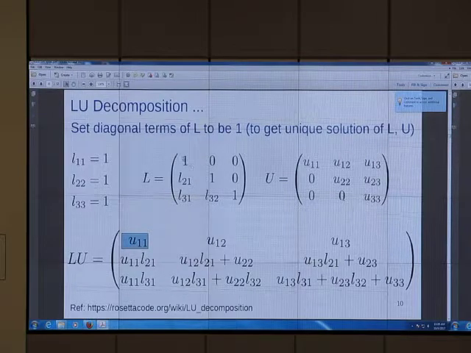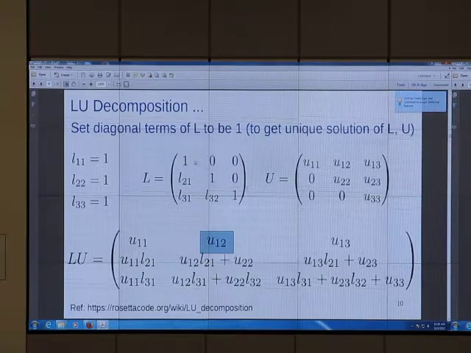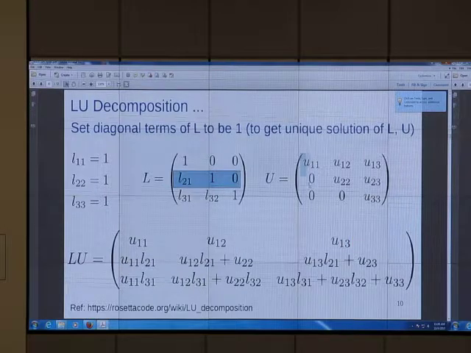What about row 1, column 2? So row 1 is that, column 2 is that. So we have 1 multiplied by U12, and 0 multiplied by something, and 0 multiplied by 0, which is this. Okay. For L13, we get that. For second row, we have this multiplied by that, right?